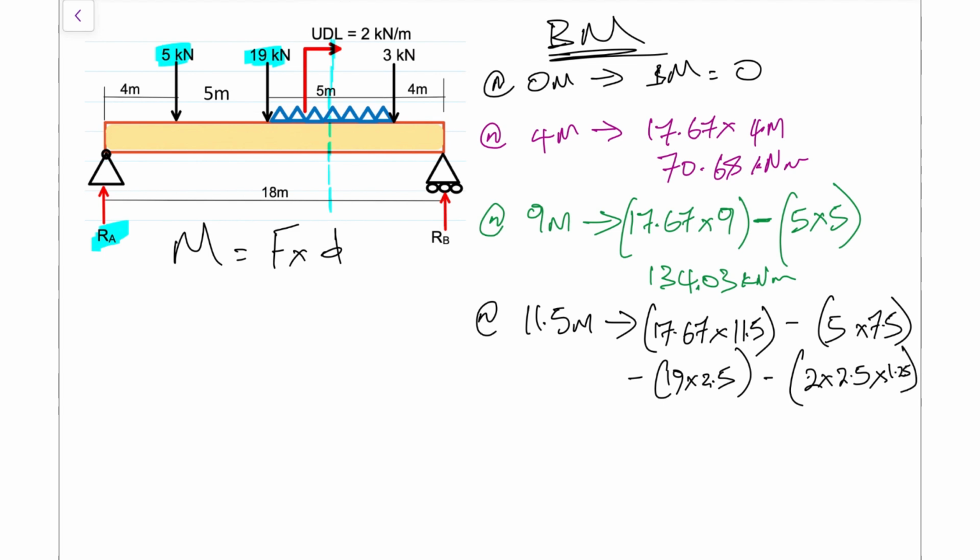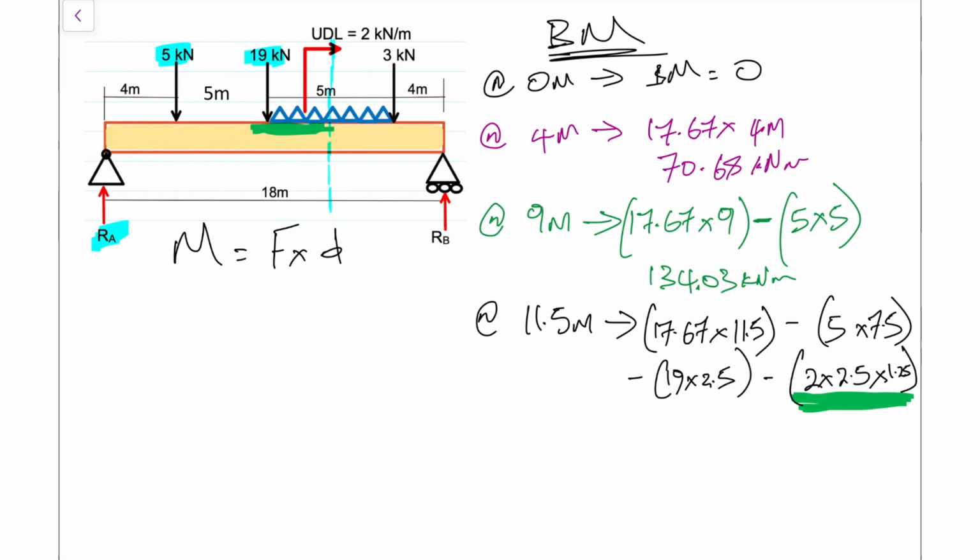So that's the UDL. So just to reiterate this bit that I'm highlighting in green. What we have done, we have split the UDL into 2 for analysis purposes. So right there, I'm highlighting in green on the beam, that length is just 2.5.